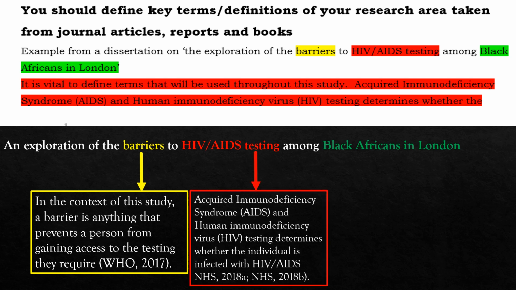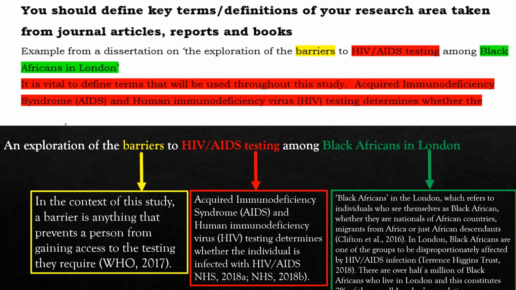In terms of HIV/AIDS testing, she defines what it is and contextualizes it. And in terms of her target group, Black Africans in London, she really explains what she meant by that. And the good thing I like about what the student has done is that every time they've broken down a word or a concept, they've referenced it, they've connected their work to the literature. This is excellent.